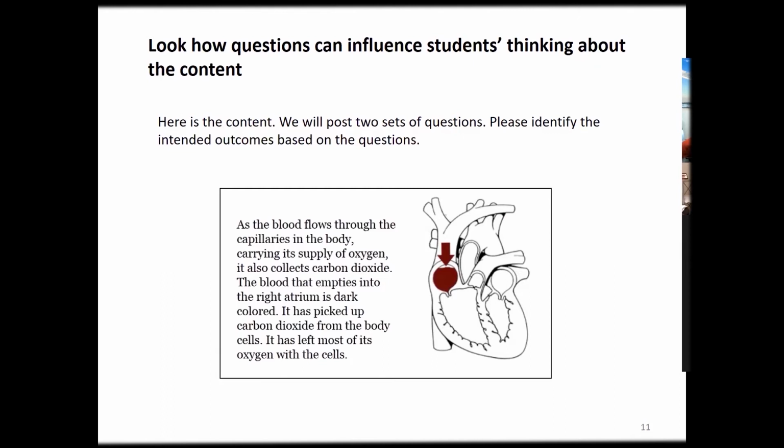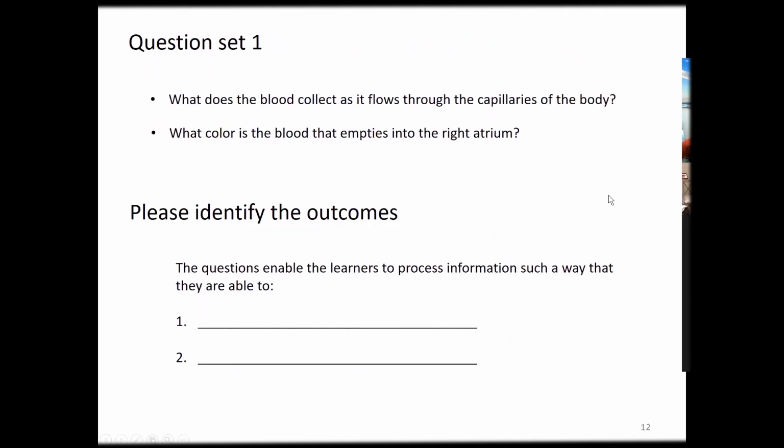The blood flows, okay? And then we're going to look at some questions, okay? The first question is, the teacher asked this kind of question: what does the blood collect as it flows through the capillaries of the body? And the second question is, what color is the blood that empties into the right atrium?